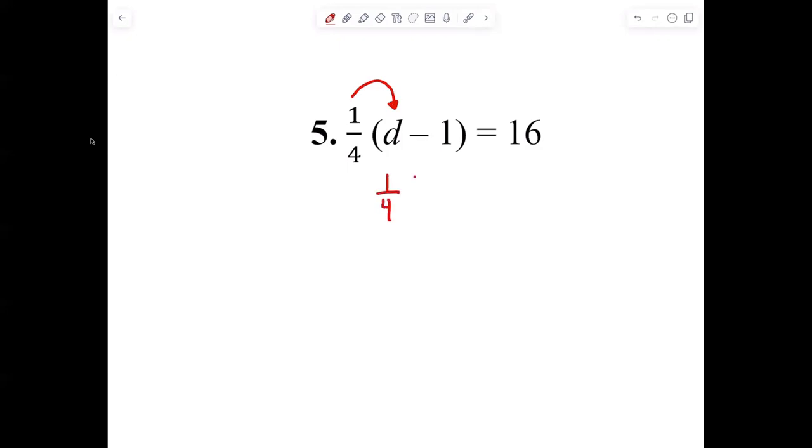Yes, 1/4 D. Then what? Minus, you got to distribute the 1/4 to the -1. What's that going to become? Yes, minus 1/4 equals 16. Yeah, you add 1/4. All right, we're going to add 1/4.